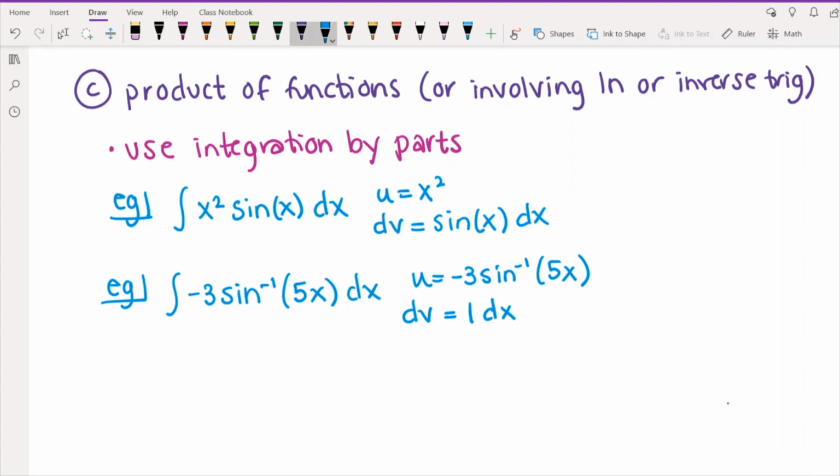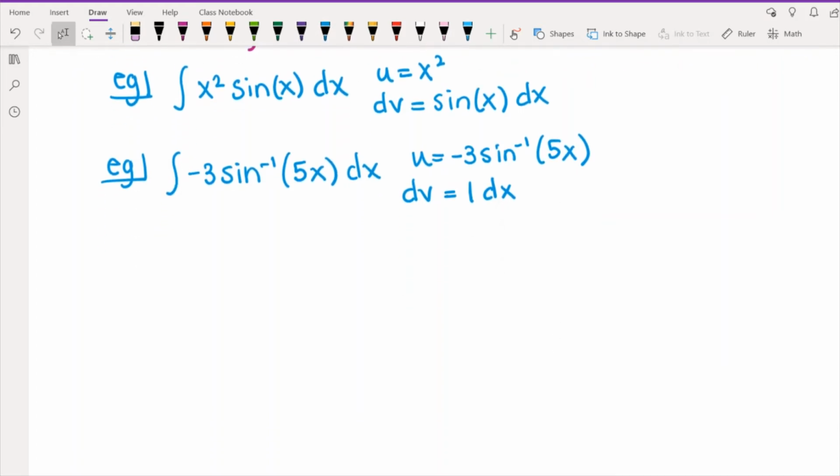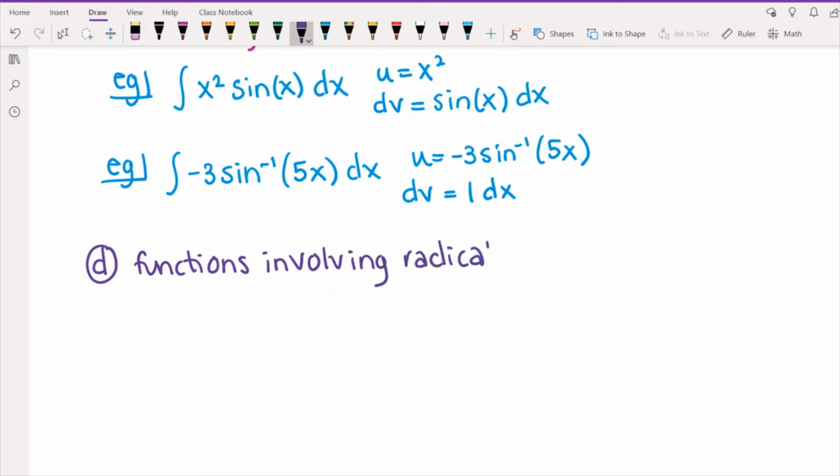All right, the last type of function that you might encounter is a radical. When I say radical, I mean a square root.